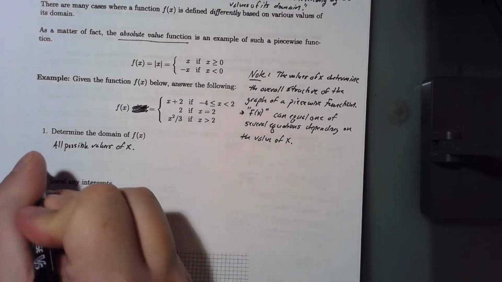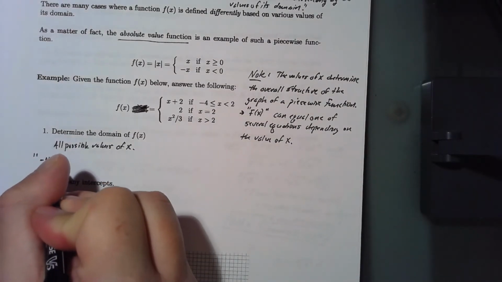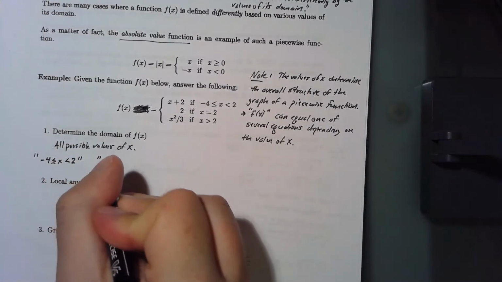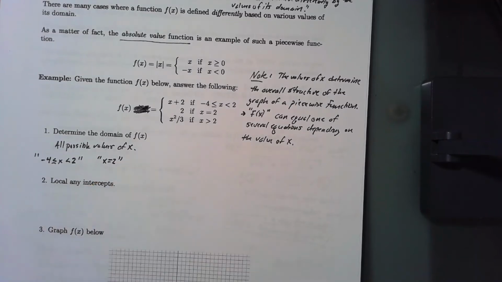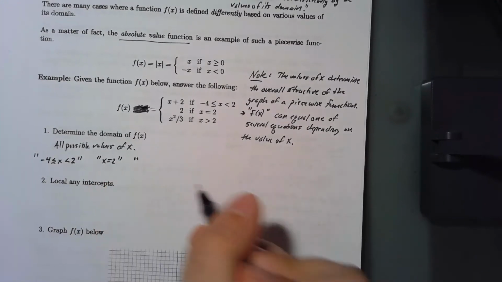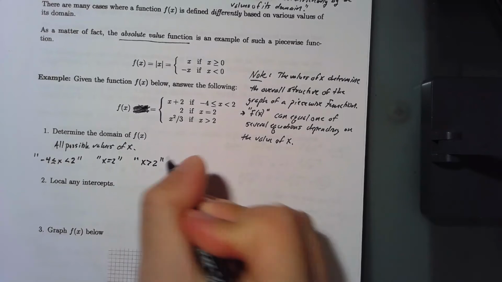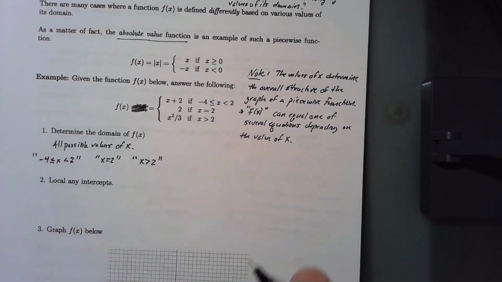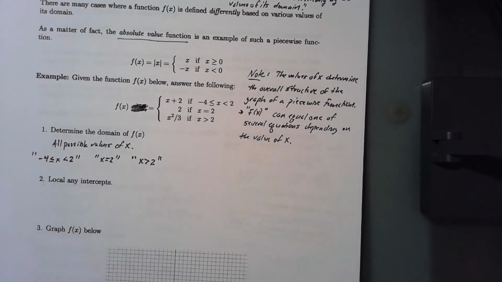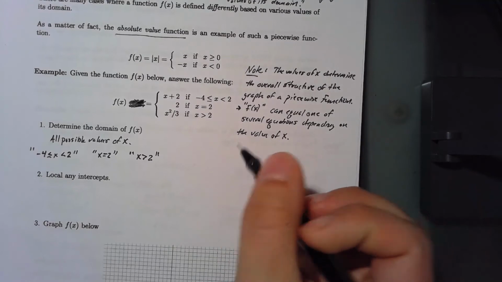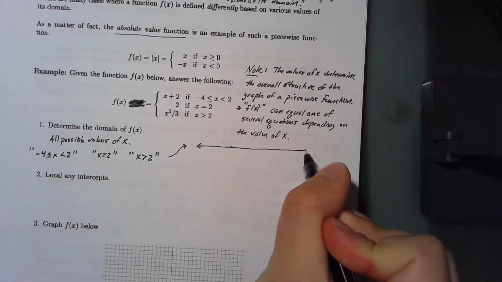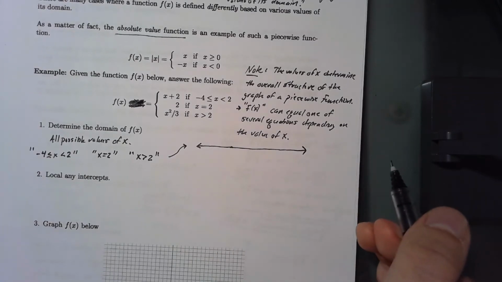So I have the first inequality, the second equality, and the third. If I sketch all three of these values on a number line, I'll get the domain of f of x. I'm just combining those three together. So let me put them on a number line.